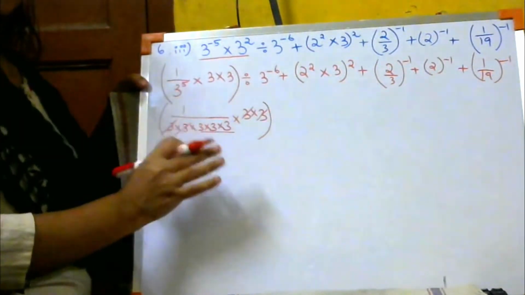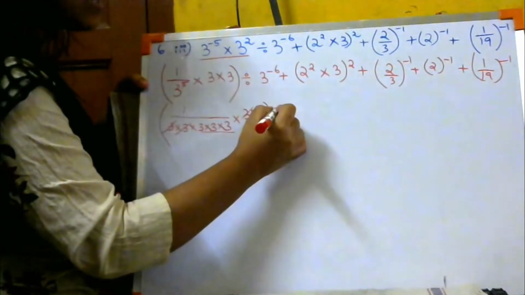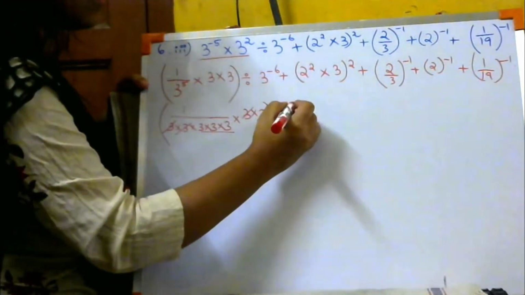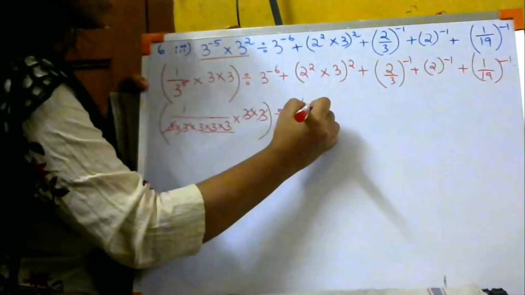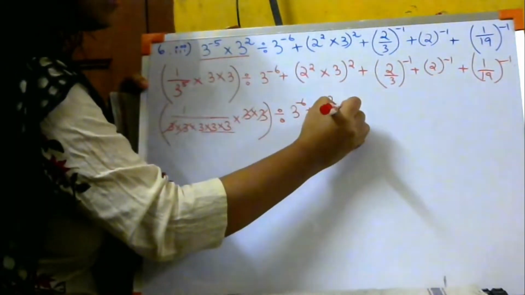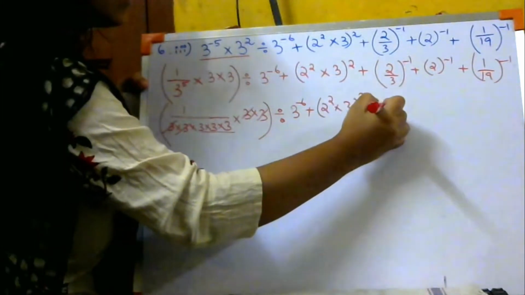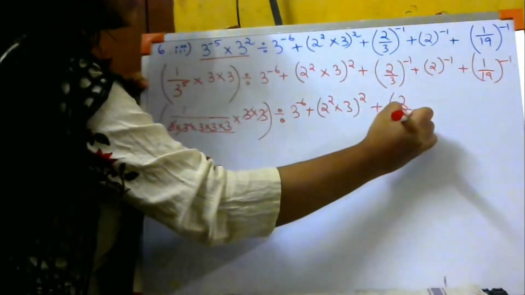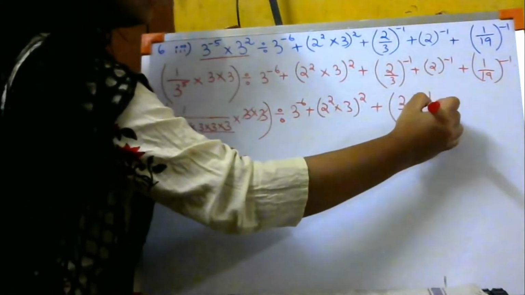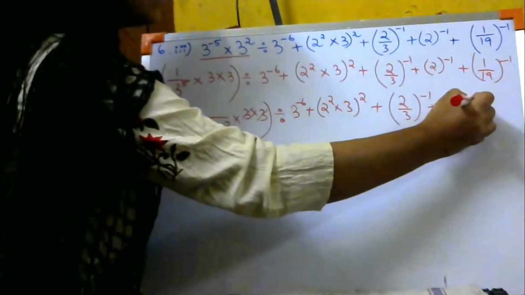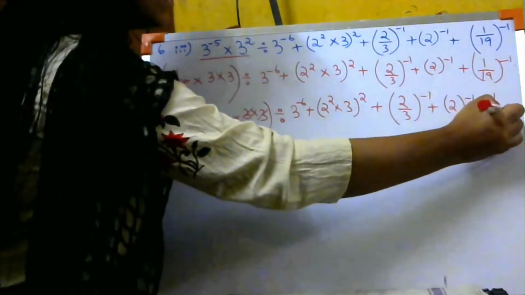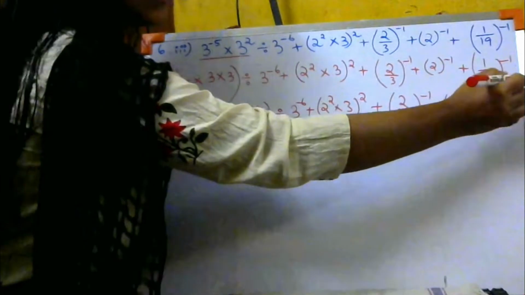Only 3. 3 times 3 is there. I hope you are understanding. Once you start solving, then only you will understand. Then 3 to the power minus 6 plus 2 square into 3 whole square plus 2 by 3 to the power minus 1 plus 2 to the power minus 1 plus 1 by 19 to the power minus 1.